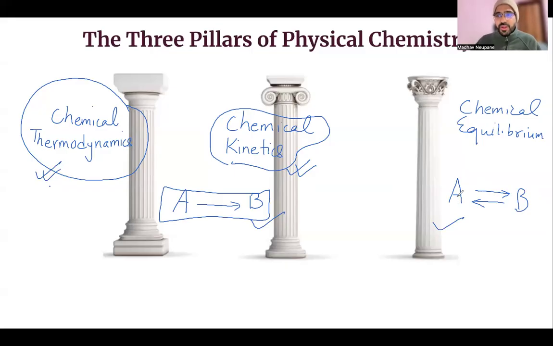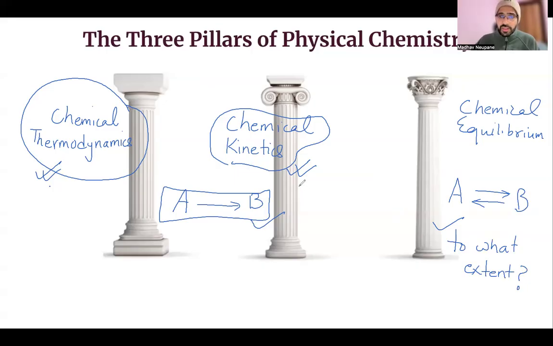That's completely dependent on the nature of the reactants and products, the kinds of bonds that are breaking and the kinds of bonds that are forming. We'll go into the details of that aspect in the chapter itself. But chemical equilibrium deals with reversible reactions, and most importantly, it answers the question: to what extent? Okay, this is the answer that we are trying to find in chemical equilibrium.